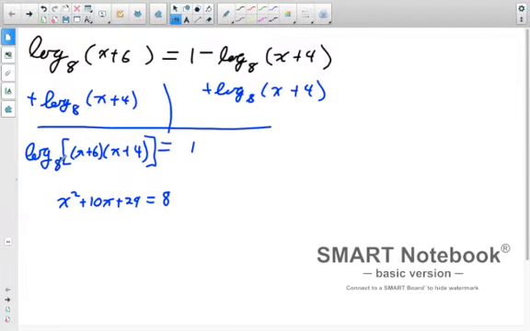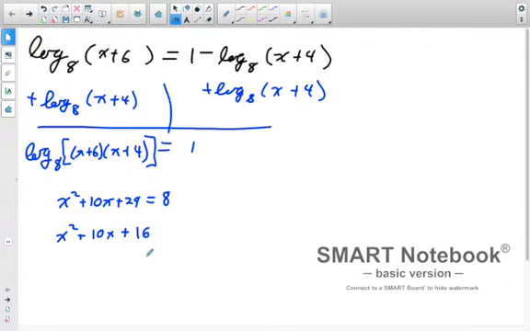Because, of course, this is saying 8 to the first power equals x plus 6 times x plus 4. And then to finish solving this, we can subtract 8 from both sides to end up with x squared plus 10x plus 16.